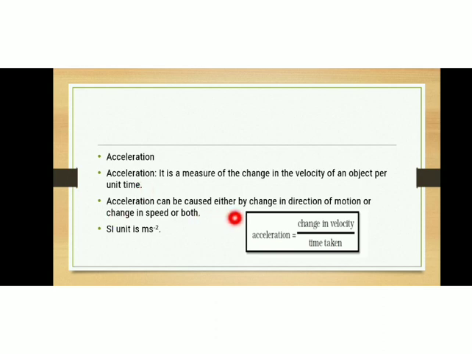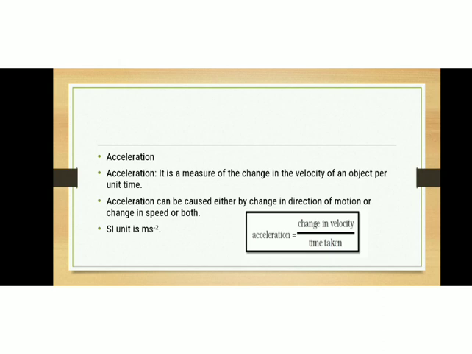So acceleration can be caused either by change in direction of motion or change in speed or both. Children, acceleration is a vector quantity. If there is a change in speed or a change in direction, there will be acceleration. Whenever there is a change in velocity, there will be an acceleration.